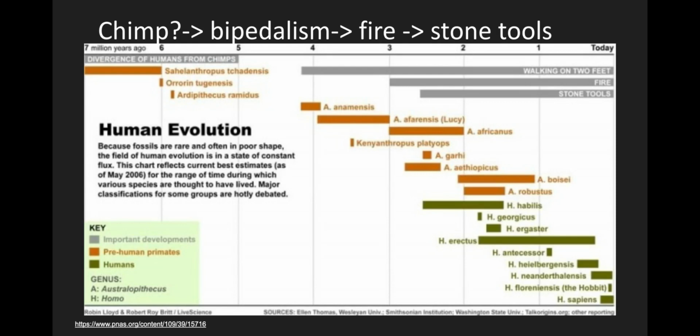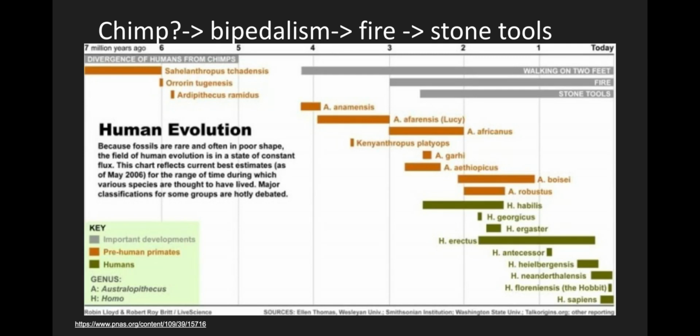So, things that make us human. Chimpanzee? No, we're not. We're closely related, sharing something like 98% of our genetic code with them. But we are, in essence, very human for a few reasons. One is bipedalism. Biped.